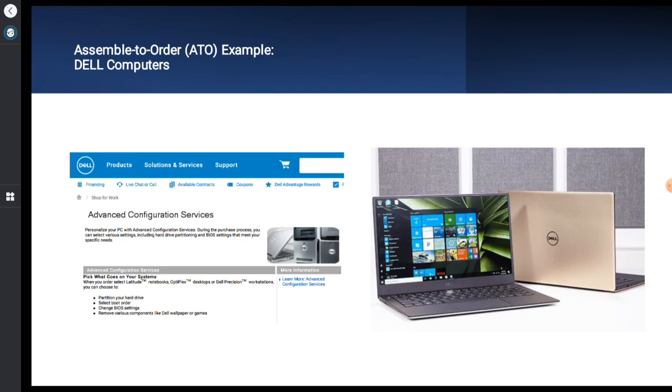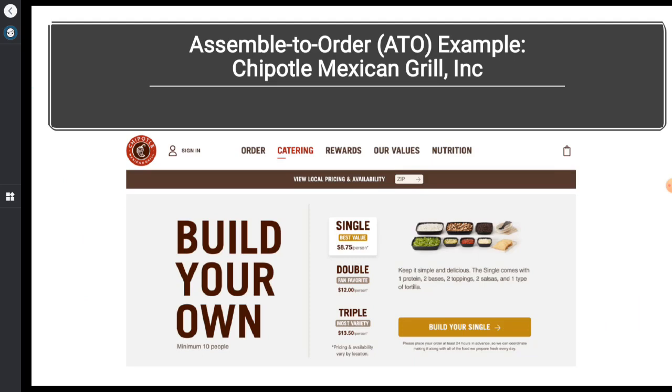Another example here is a screenshot from Chipotle, a Mexican grill company offering various kinds of meals, which is build your own. That is, you can pick what you want from their available selections.